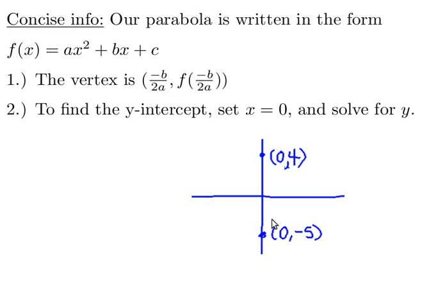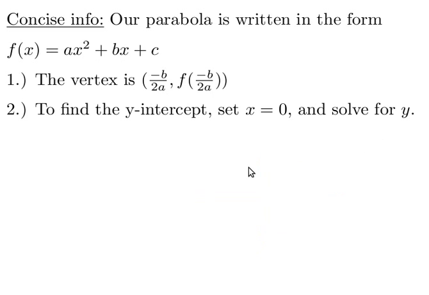So the point that I'm getting at is that when you're on the y-axis, your x is equal to 0. So to find where the parabola crosses the y-axis, set x equal to 0 in this equation and find out what y is going to be. And again, I'm going to go into that in more detail later.